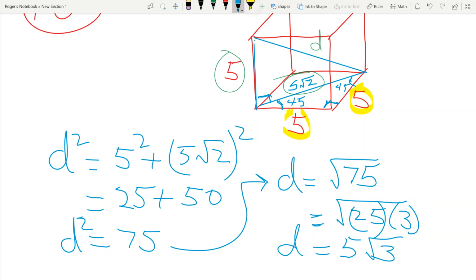D is equal to 5 square roots of 3. There you have it. It's an interesting problem. Hope it makes sense to you. It's a nice one. Good problem.